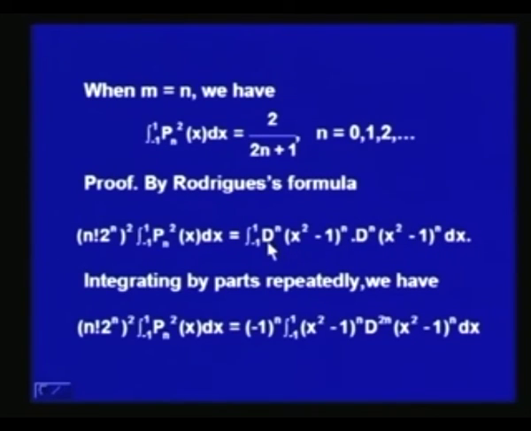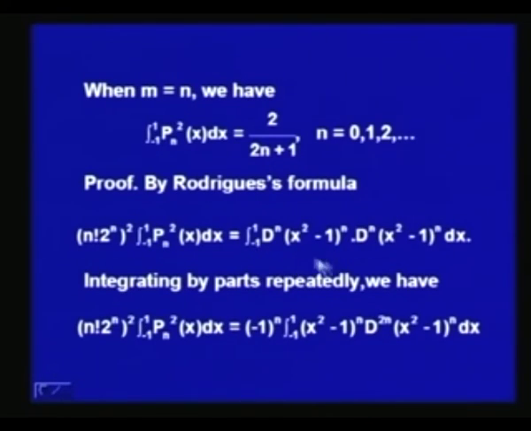Now, when we integrate the right hand side by parts once, we will have the integral of dn (x square minus 1)^n, which gives us dn minus 1 (x square minus 1)^n, into dn of (x square minus 1)^n. When we evaluate its value at minus 1 and 1, it will be 0, because dn minus 1 of (x square minus 1)^n will contain x square minus 1 as a factor.